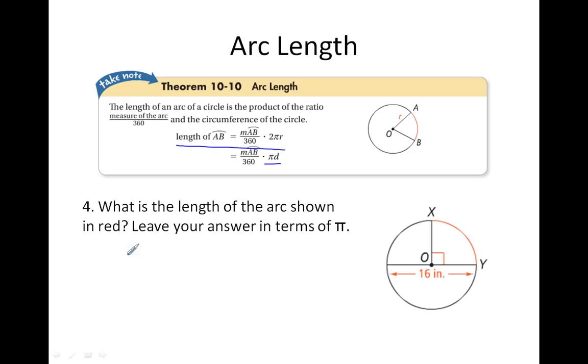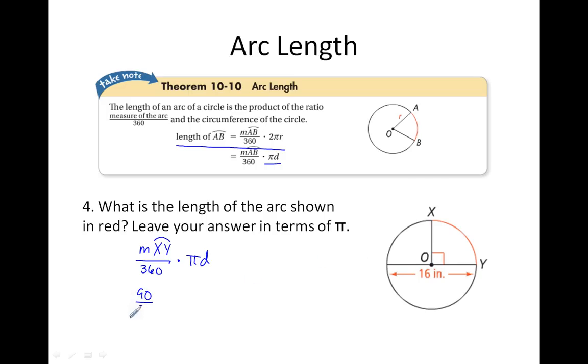That's going to depend on what we're given. So in this first example, we're going to have the measure of the arc, which is xy, divided by 360, and we're going to multiply that times pi times the diameter because we're given the diameter. Now the measure of the arc we're given is 90 degrees because it's a right angle.